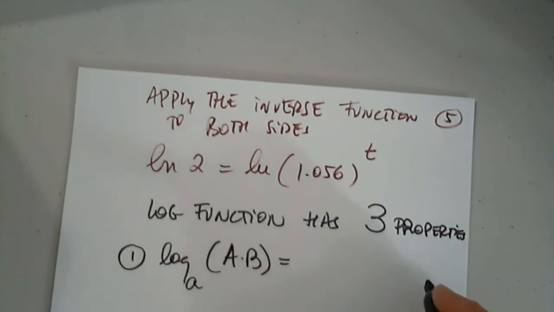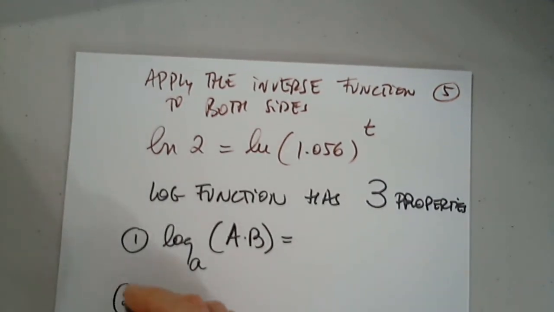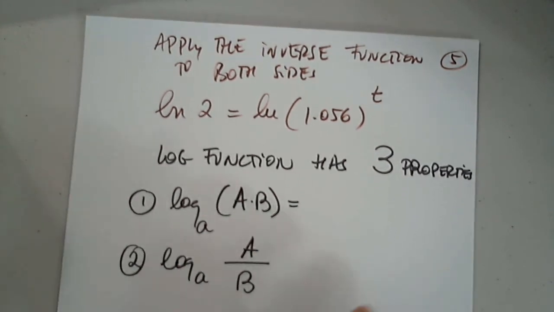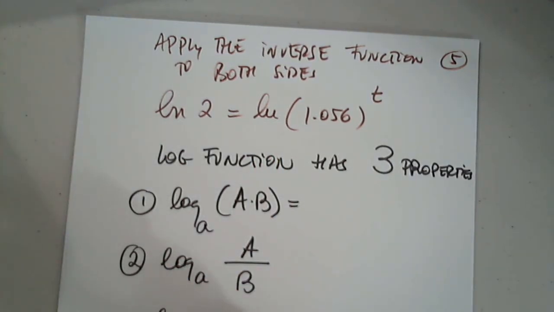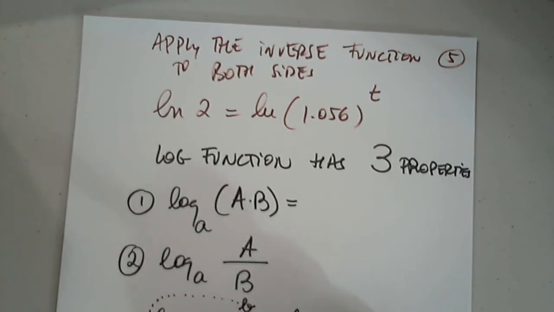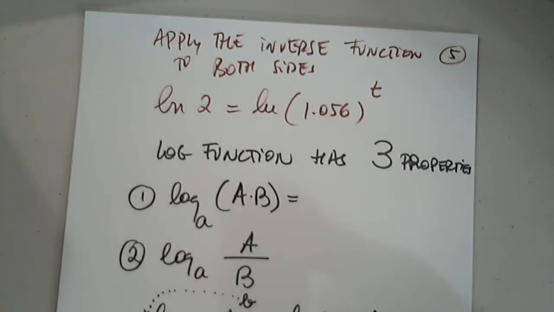The second one, log base A of a ratio. And the third: log in any base of a number or quantity to a power, that power goes in front as a factor. So this is B multiplied by log base A of X.